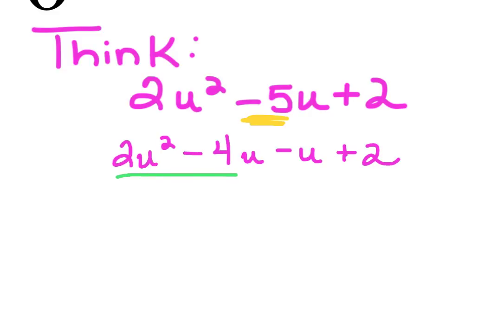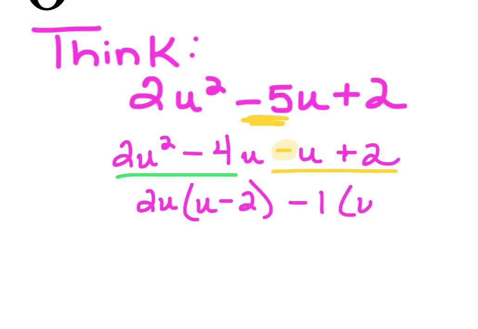I'm going to take 2 terms at a time and do GCFs of both of those pairs of terms. And so in the first pair, I factor out a 2u, and I'm left with u minus 2. And in the second pair, remember that your sign has to be the sign in the middle of the polynomial. So it's going to be minus 1. And when I factor out a minus 1, I get positive u and minus 2.